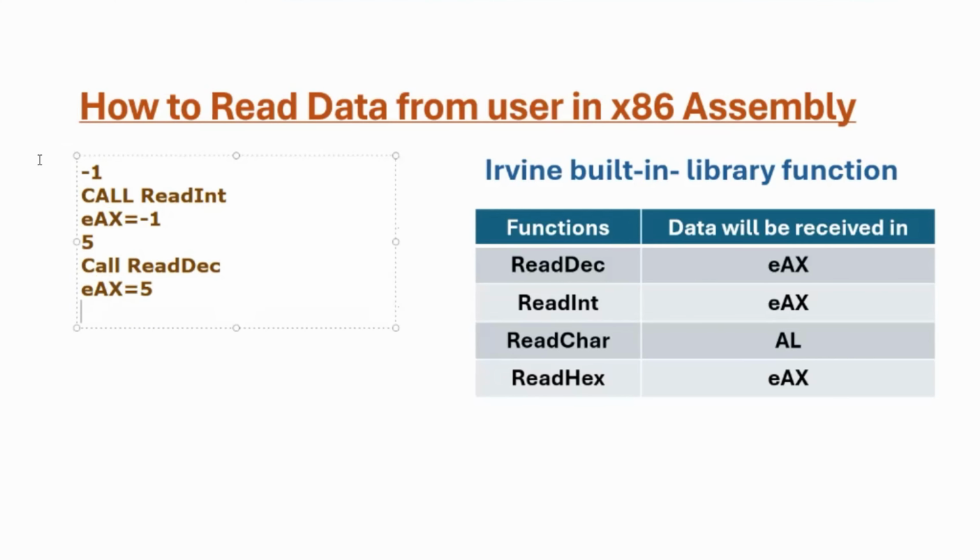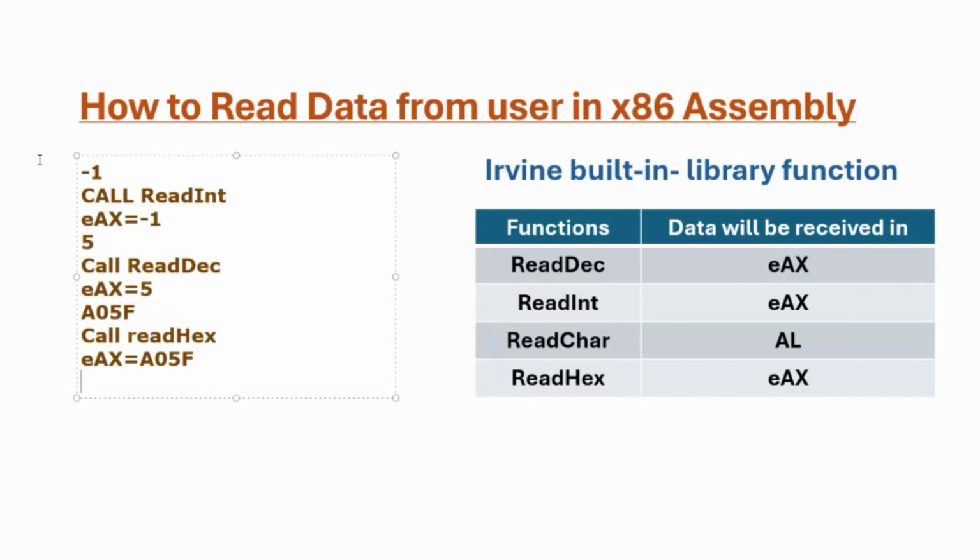Similarly, if the user enters some hexadecimal number, let's say A05F, we know that this is a hexadecimal number, and for that purpose, we will be using call ReadHex. So what's going to happen? EAX, the extended accumulator, is going to become A05F. That means the number has been taken from the user and stored into a register.